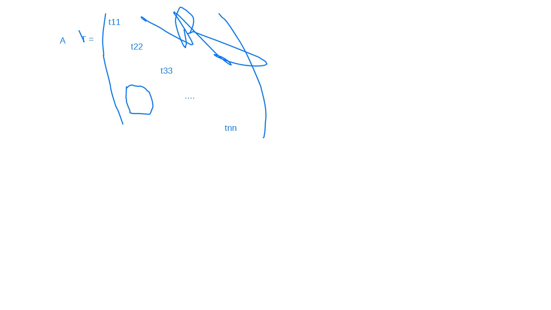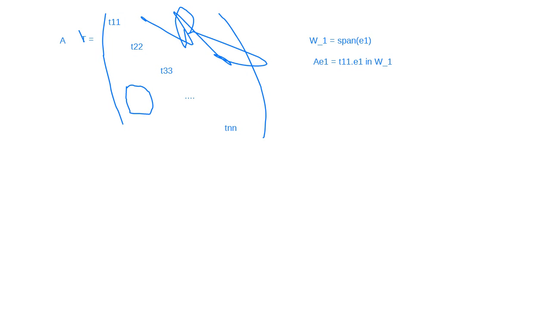And then what is one way to think about this? Well, we put W1 to be the span of E1. Notice that A E1 equals T11 times E1, which is in W1. So that tells you that W1 is an A invariant subspace.